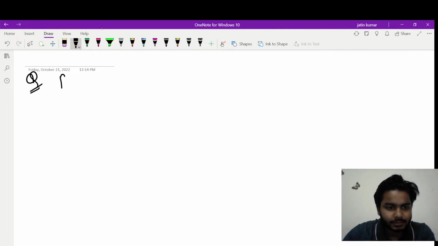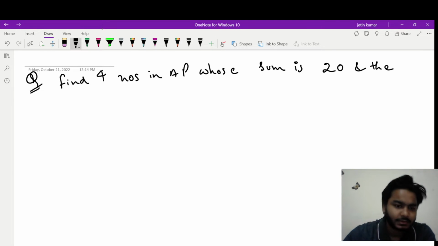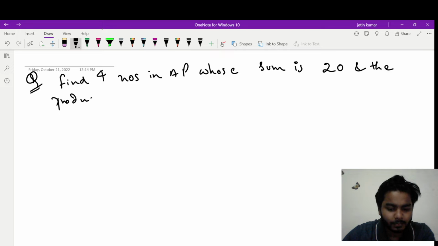Now find four numbers in AP whose sum is 20 and the sum of whose squares is 120. Let's do this type of question.